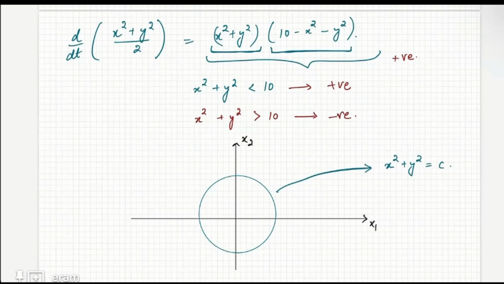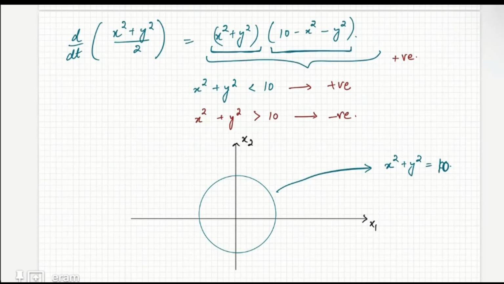Now for this closed curve, along the solution of the system, the derivative will be 0 exactly when the closed curve is x square plus y square equals 10.